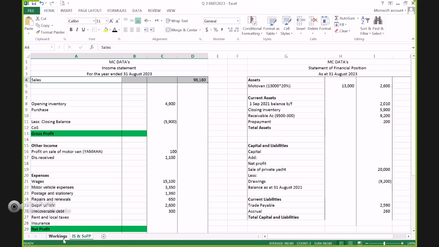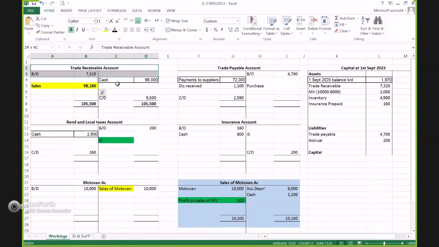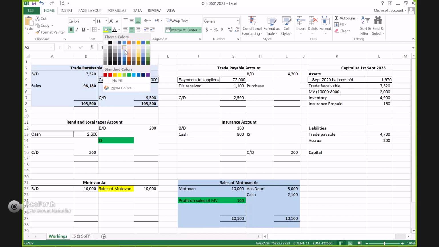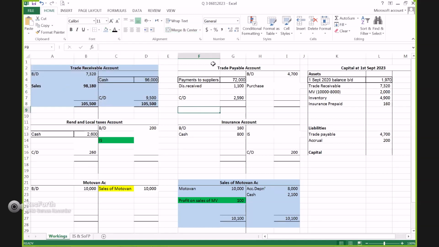So we have balanced the trade receivable account. Now we will move to the trade payable. Trade payable opening and closing balances are there. Discount received in the debit side, payment to suppliers in the debit side. Therefore, the highest amount is in the debit side, 75,690.